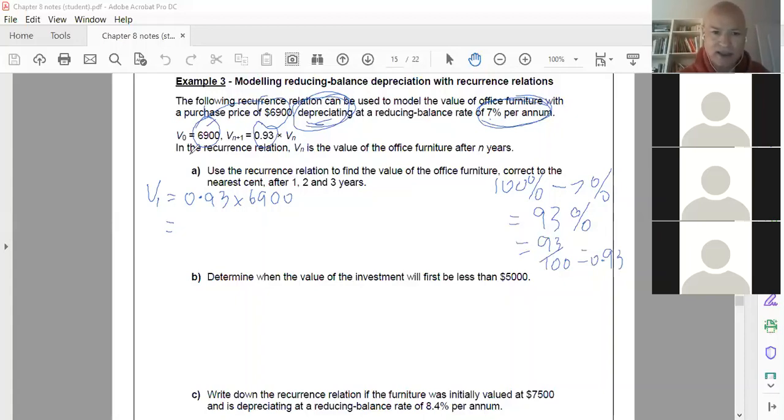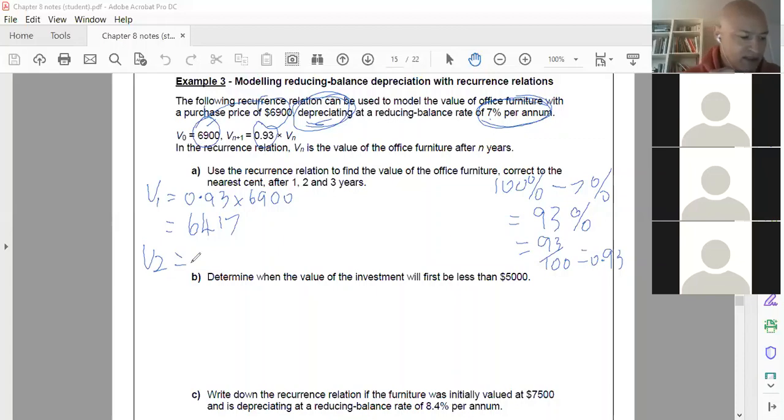So we're going to store that in there. And now we're just going to press times 0.93 and press enter, and it gives you the first answer, $6,417. Now I just want you to press enter again and it will give us the second answer because we've already stored it in there using that rule.